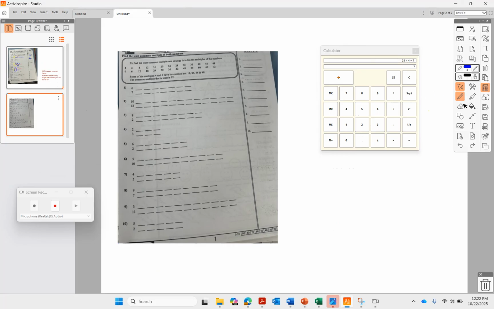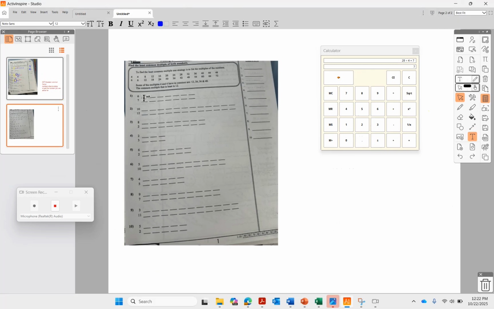So for instance, 6 times 1 is 6. 6 times 2 is 12. 6 times 3 is 18. 6 times 4 is 24. 6 times 5 is 30. So again, it's good multiplication practice.